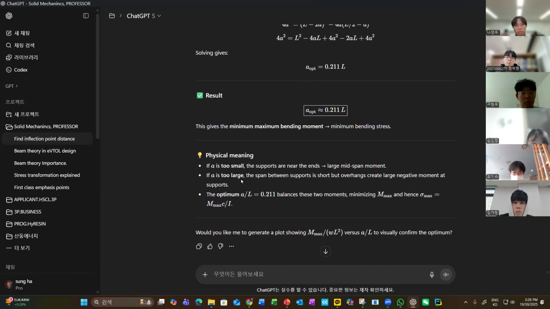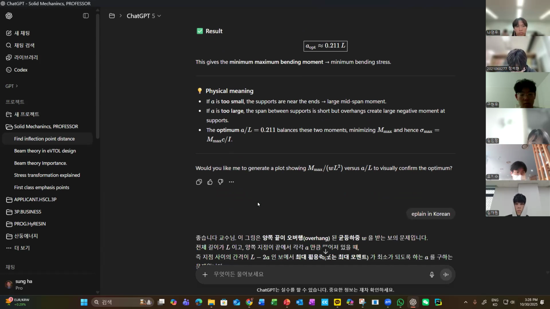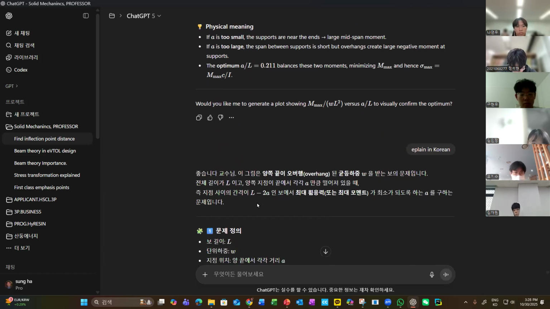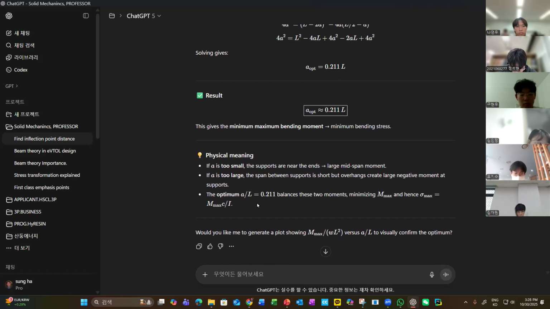And A is too large: the span between the supports is short, but the overhang creates a large negative moment at the support. See, the support at the near end.